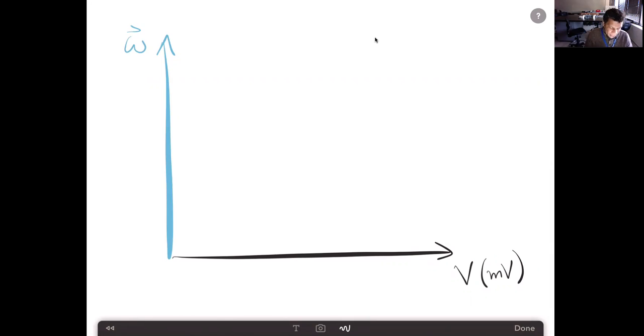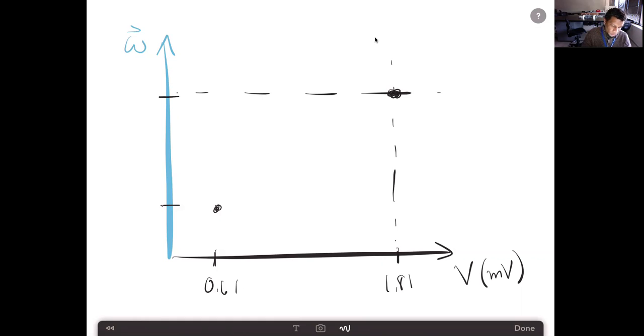So what's going to happen is we're going to have a certain voltage here, 0.61, and we're going to have another voltage here, 1.81, and we're going to get an angular velocity associated with the 0.61 millivolts, and we'll get an angular velocity associated with the 1.81 millivolts.